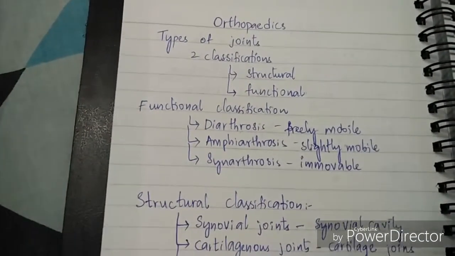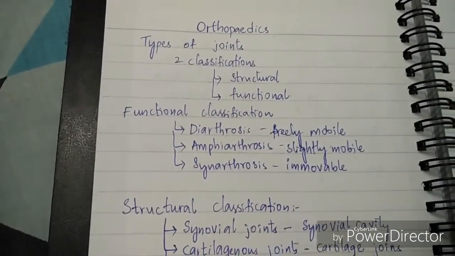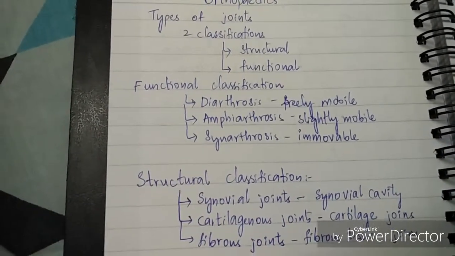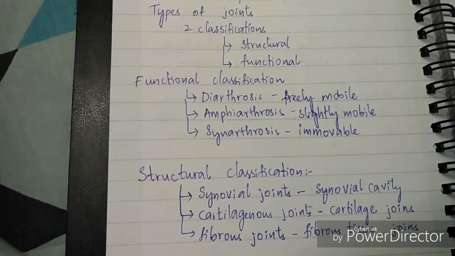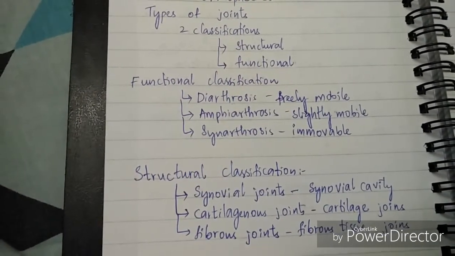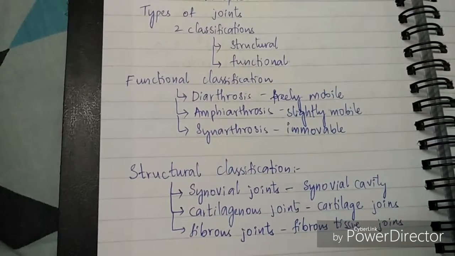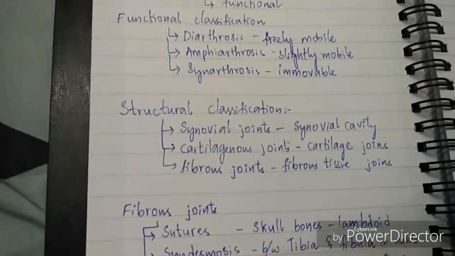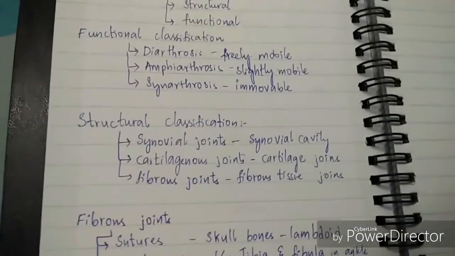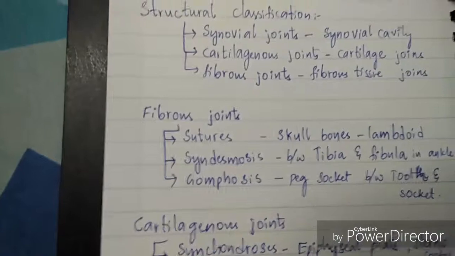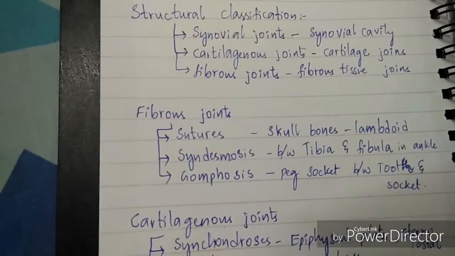Let's revise everything again. Types of joints, two classifications, structural and functional. Functional classification: diarthrosis, amphiarthrosis and synarthrosis, based on their mobility. Diarthrosis, freely mobile; amphiarthrosis, slightly mobile; synarthrosis, immobile. Structural classification: synovial joints, cartilaginous joints and fibrous joints. Fibrous joints: sutures, syndesmosis and gomphosis.